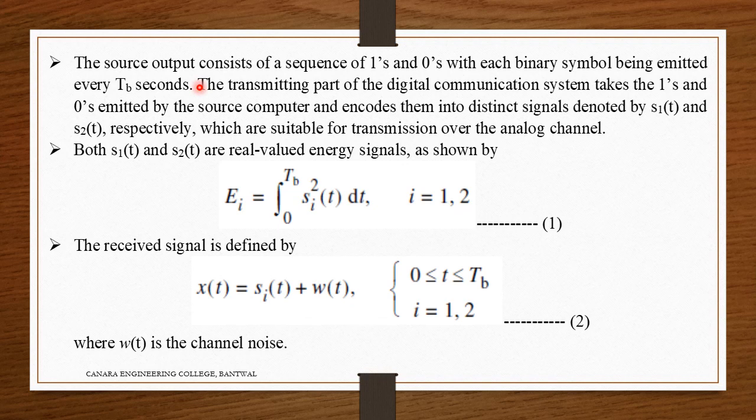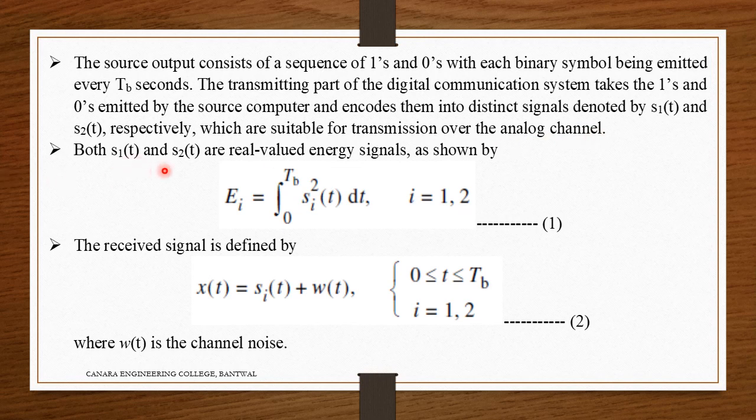The source output consists of a sequence of ones and zeros, with each binary symbol being emitted every T_B seconds. The transmitting part of the digital communication system takes the ones and zeros emitted by the source computer and encodes them into distinct signals denoted by s1(t) and s2(t) respectively, which are suitable for transmission over the analog channel.